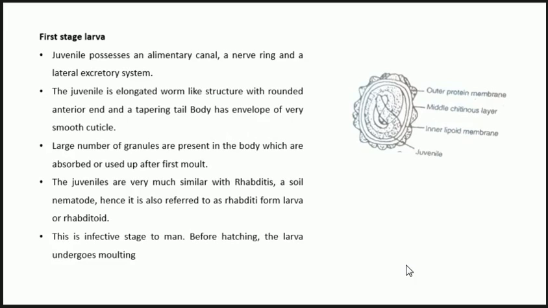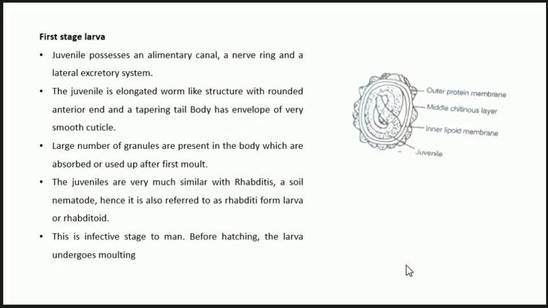But in the case of the juvenile, you have a rounded anterior end and a tapering tail. So one side is rounded, not tapering, whereas the other side is tapering, and there is an envelope of very smooth cuticle. A large number of granules are present in the body, which are absorbed or used up after the first molt.